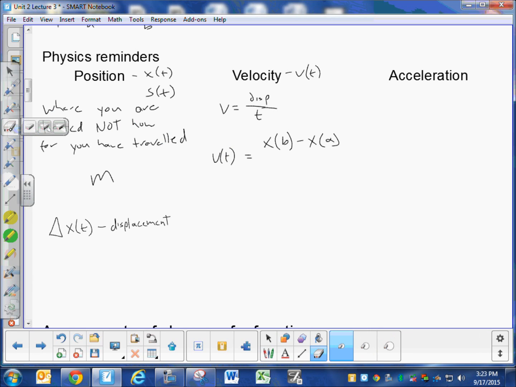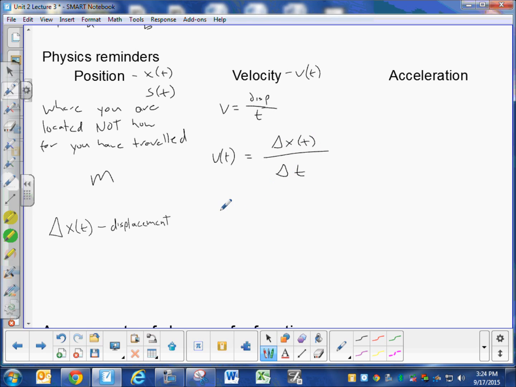no, let me use the delta first, and then I'll move it down to the other. So the change in my x of t, you don't have to erase anything. We'll just put it down over the change in time. How else can I write that? Well, guess how we're going to be able to write it. It's just the average rate of change, or the slope of my position.